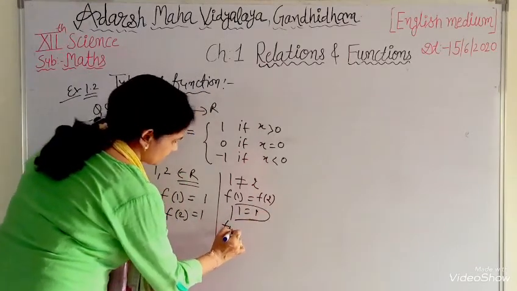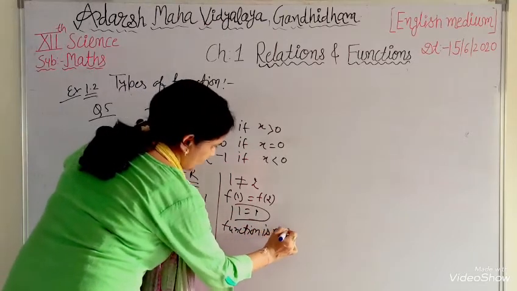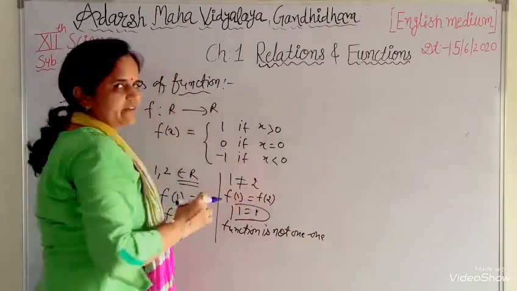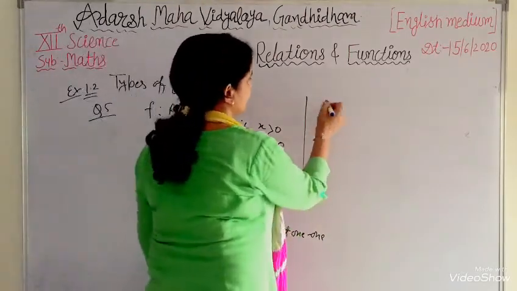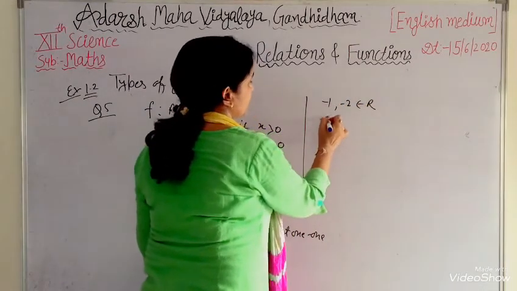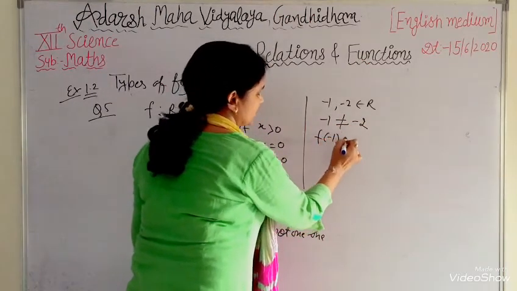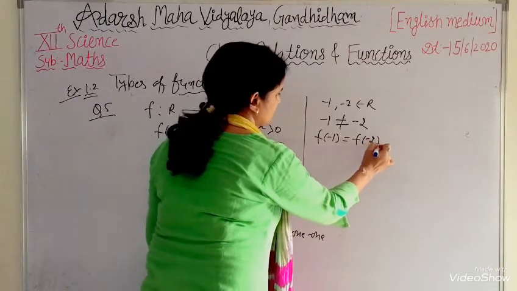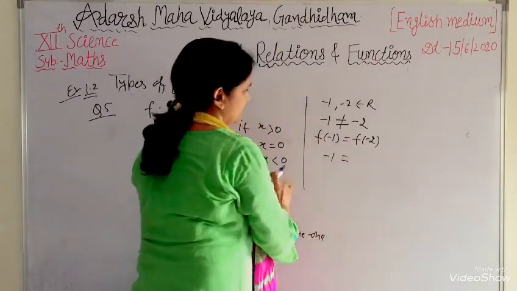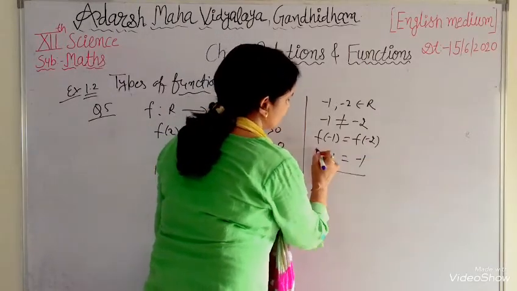The function is not one-one. You can take negative elements too, student. If you take minus 1 and minus 2 belonging to R, minus 1 is not equal to minus 2, but the images are equal. The image of minus 1 is minus 1, and the image of minus 2 is also minus 1.